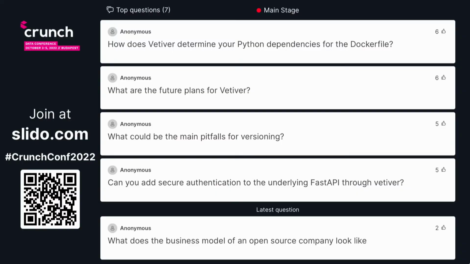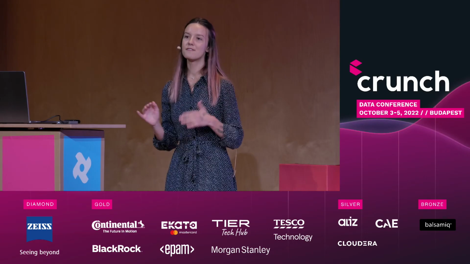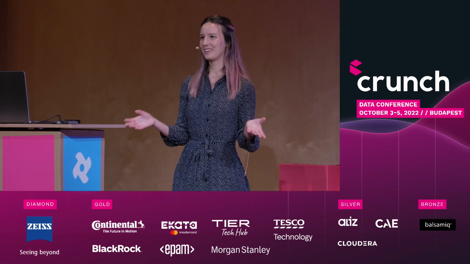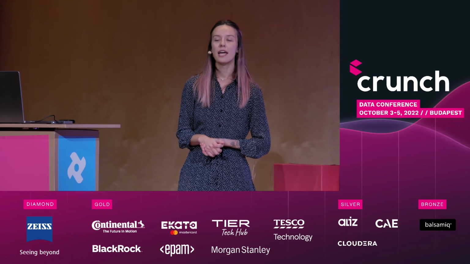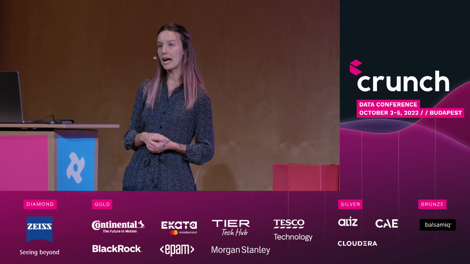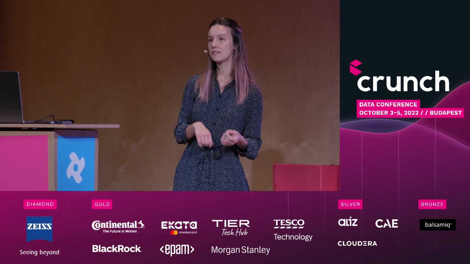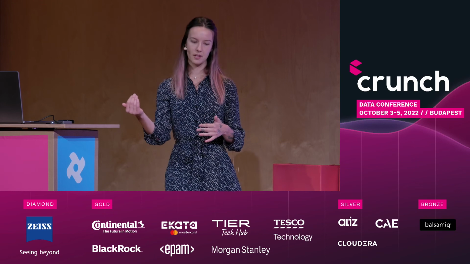How does vetiver determine your Python dependencies for the Dockerfile? So you can do this a few different ways. I love that answer. For pretty much anything in open source, it's like you have multiple options. So inside of vetiver, there is another function called load_packages, and it will peek into your environment and create a requirements.txt for you.